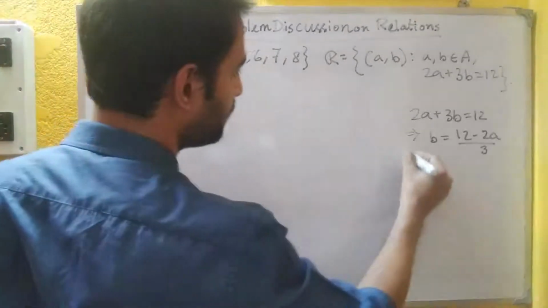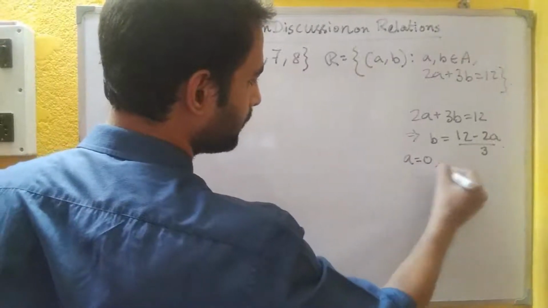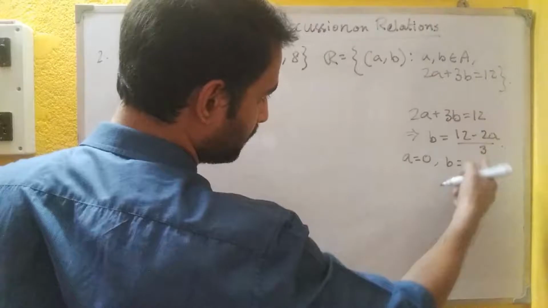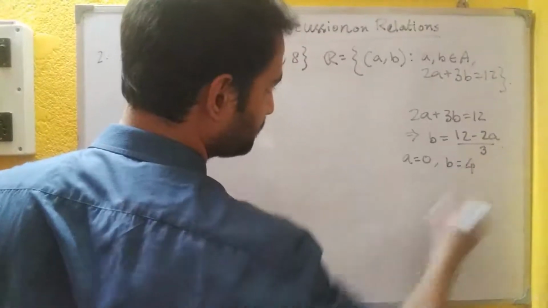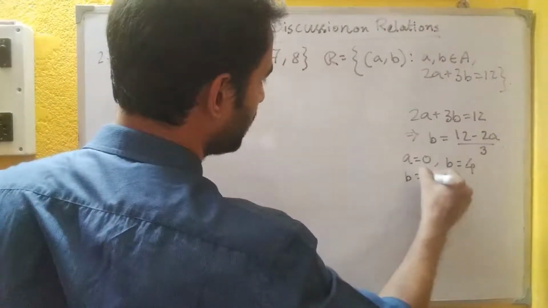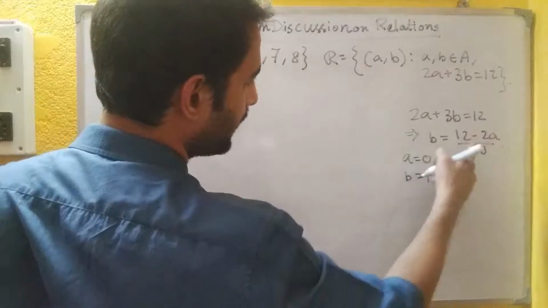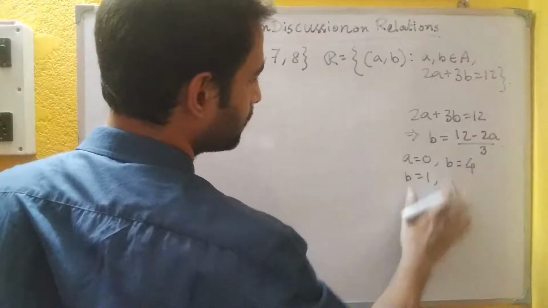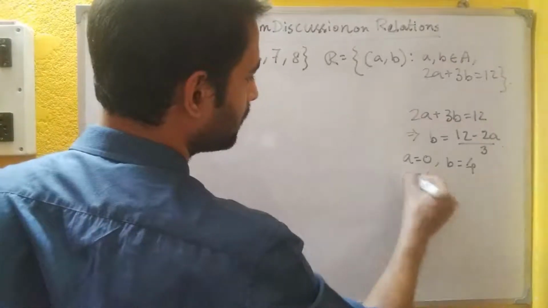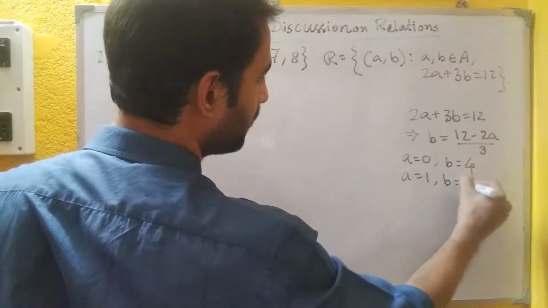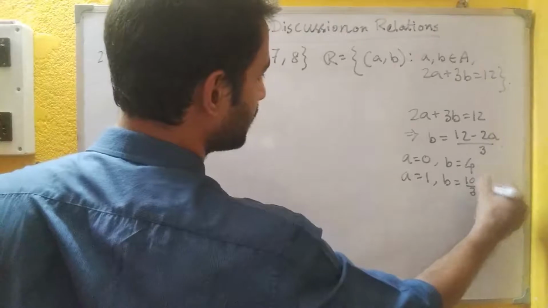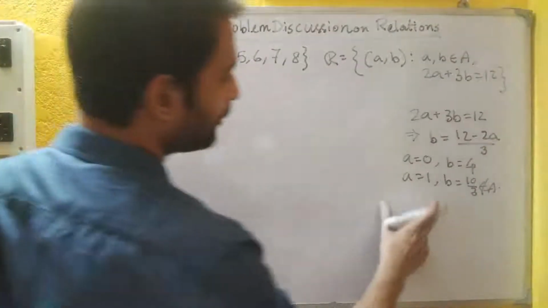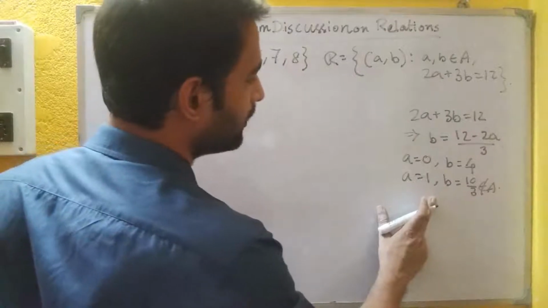That means if you put a equals 0, what you will get for b is 12 minus 0 by 3, that means 4. Similarly, if you put a equals 1, you get 12 minus 2, that is 10 by 3, which is not in the set. So for 1, there will not be any element which is related to 1.